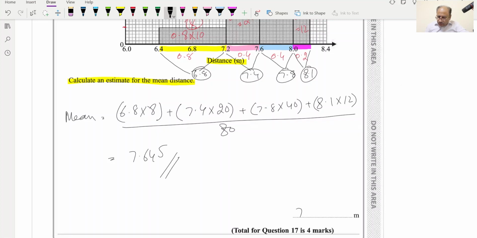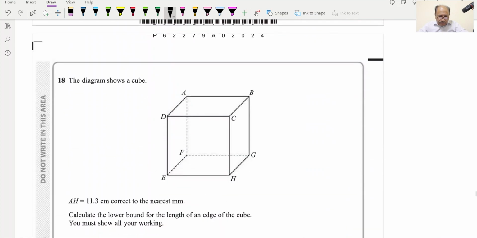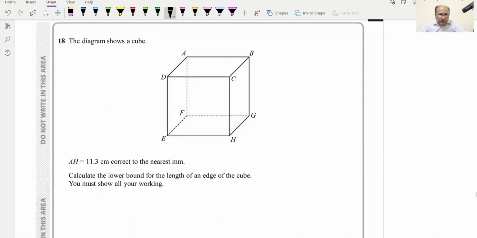This will be the mean which we can provide, 7.645. This will be the final answer in meters. Hopefully you got this. Now question number 18.